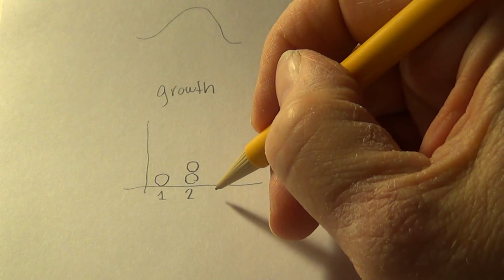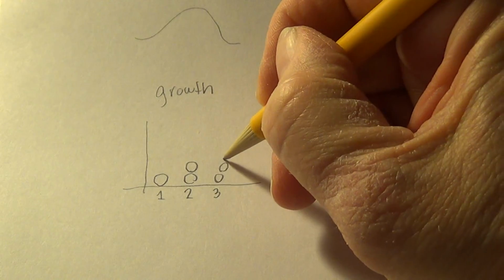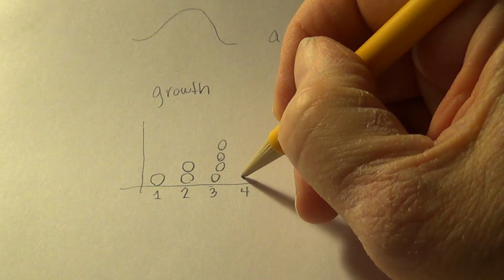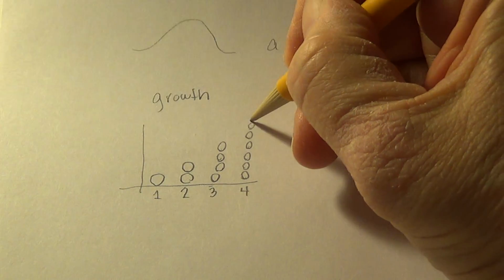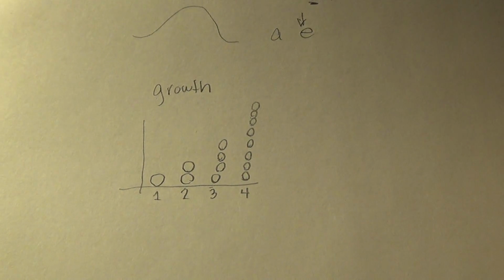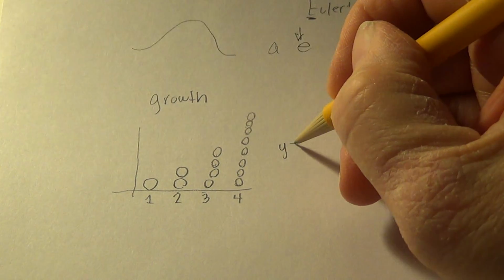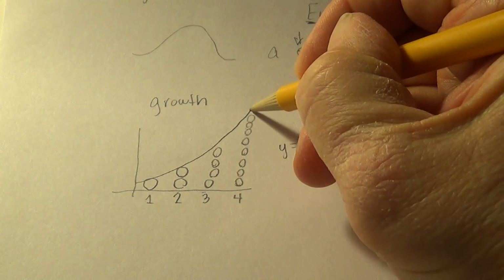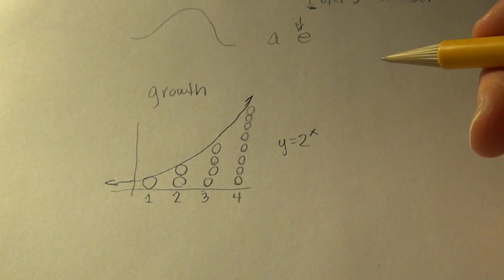And say after 3 years, it doubles again. So at the end of each year, it's going to double. So the 4 becomes an 8. Well, that's an example of exponential growth. Y equals 2 to the x, like that. And we talked about that already.